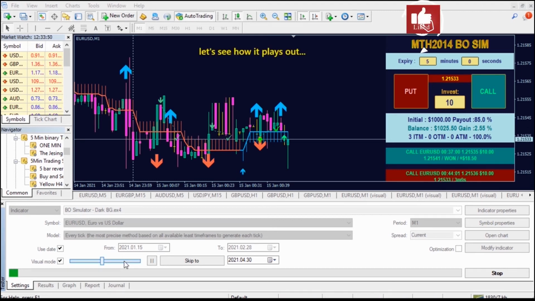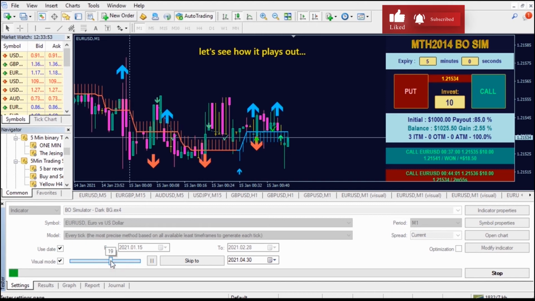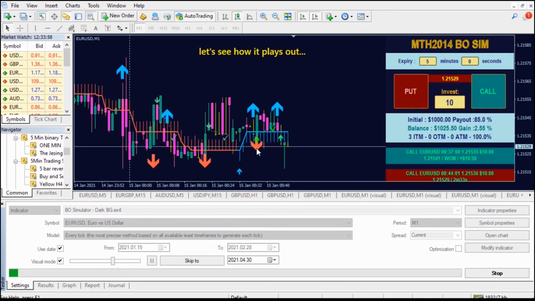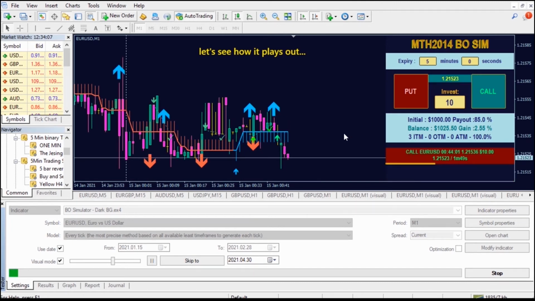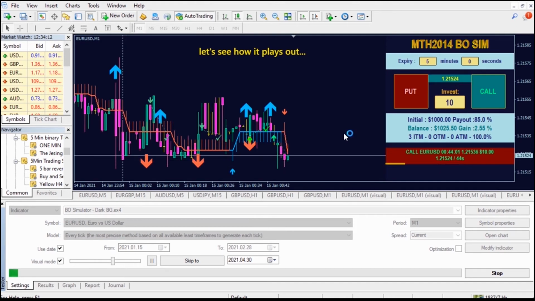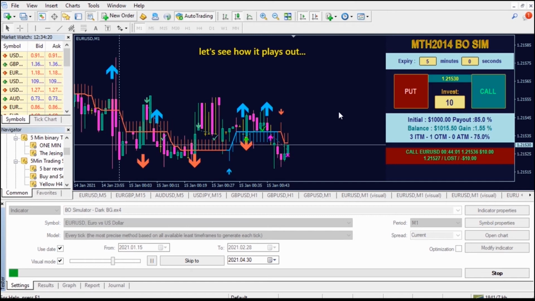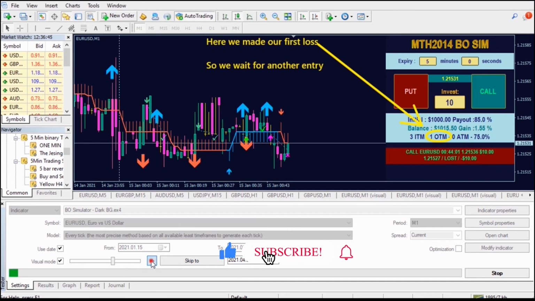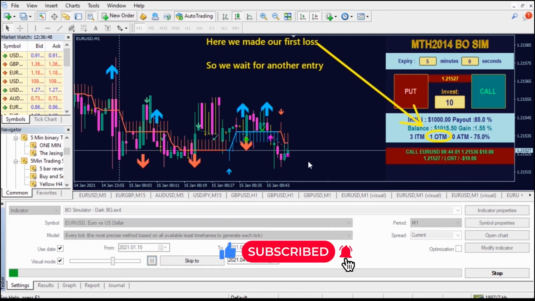Let's see how it plays out. Here we made our first loss. So we wait for another entry.